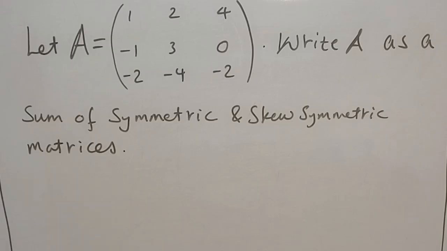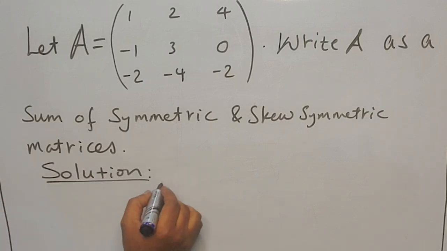Let A be a 3 by 3 matrix. Write the given matrix A as a sum of symmetric and skew symmetric matrices. Solution.